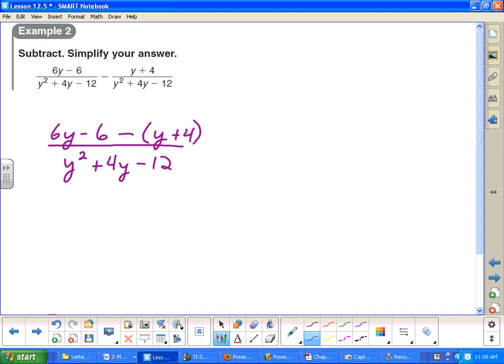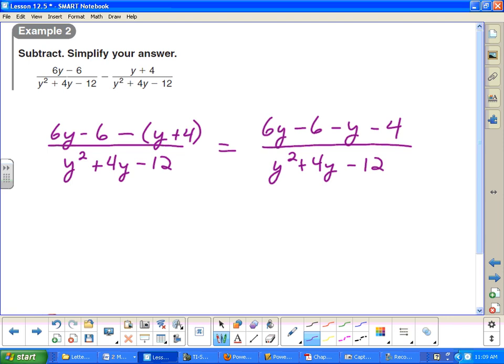Okay. Because we're distributing the negative sign, everything's going to switch signs. So this becomes 6y minus 6 minus y minus 4 over y squared plus 4y minus 12.